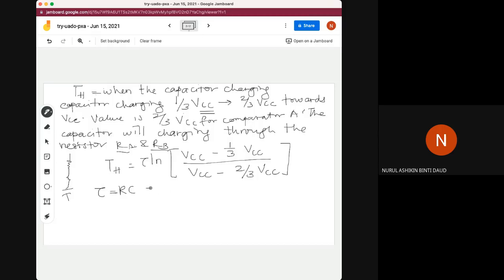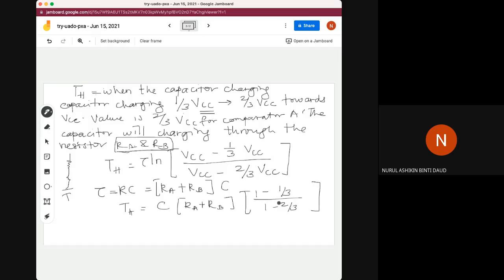Since it involves resistor A and resistor B, the resistance here will be RA plus RB, times C. If you include this equation inside this equation and simplify it, TH will be C, we don't know the value of C, times (RA plus RB) times ln of (1 minus 1/3) over (1 minus 2/3). So it will be C (RA plus RB) ln 2.